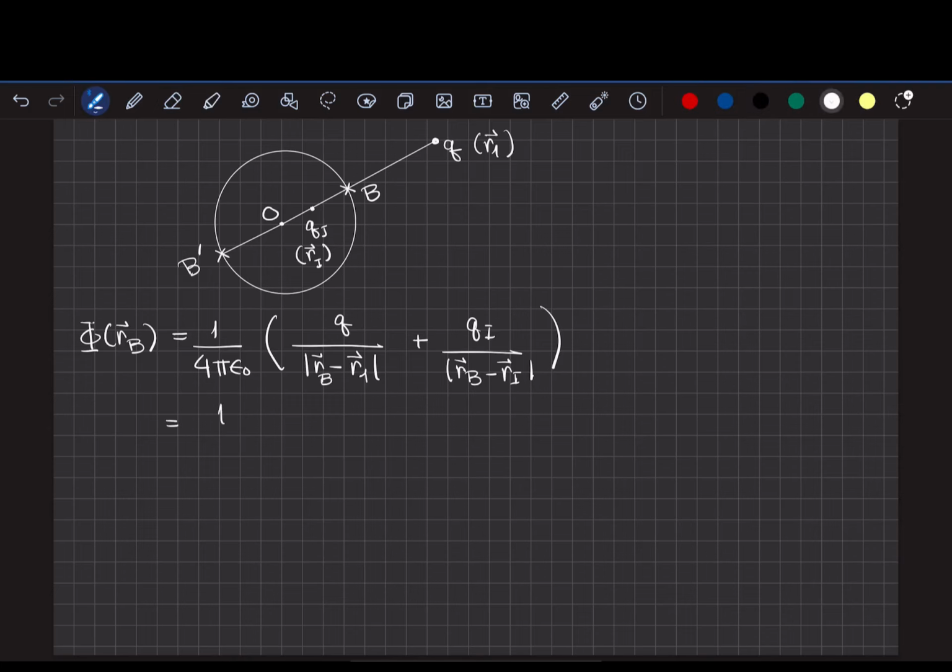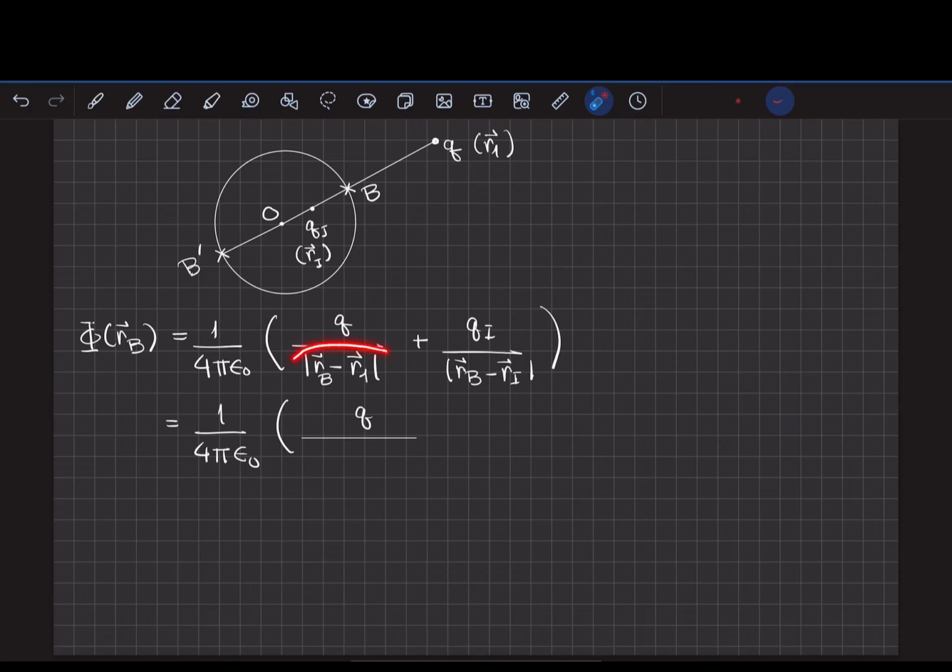Now as all these points B, Ri and R1 lie on the same line, we can simply find these distances by looking at our diagram.